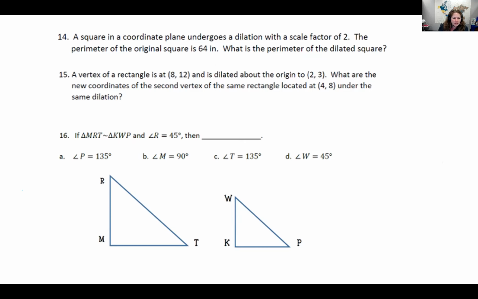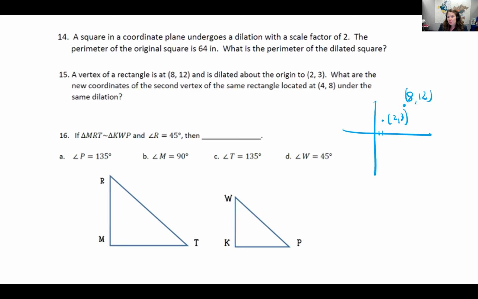All right, let's look at number 15, the vertex of a rectangle. So here is a coordinate plane. We have 8, 12, way up here somewhere. So it's at 8, 12, and it's dilated about the origin to go to 2, 3. What are the new coordinates of the second vertex of the same rectangle located at 4, 8 under the same dilation?